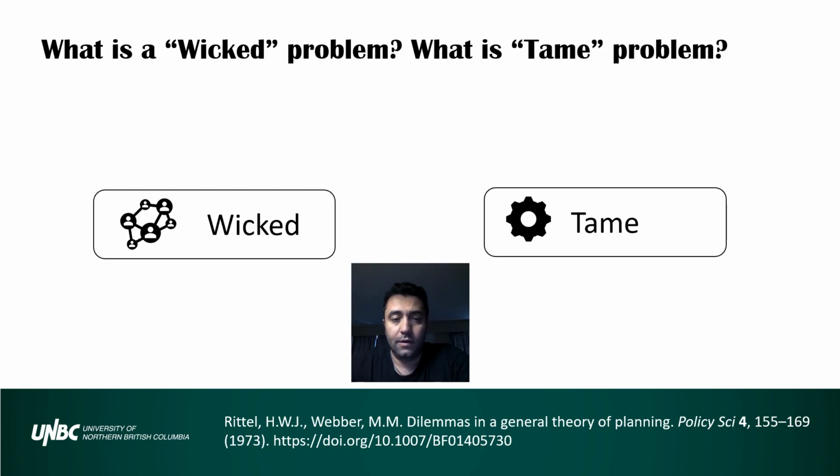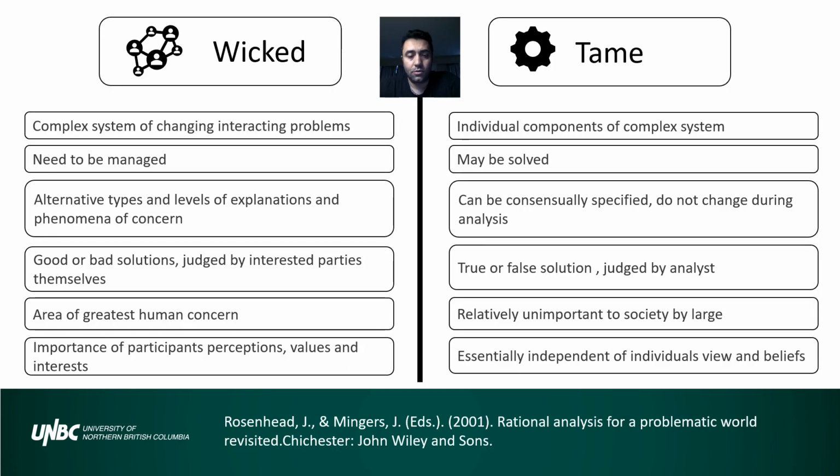But in contrast with wicked problems, there are tame problems that are defined by Rittel and Weber. And in later years, in 2001, Rosenhead and Mingers narrowed down these definitions of the wicked problem and tame problem.